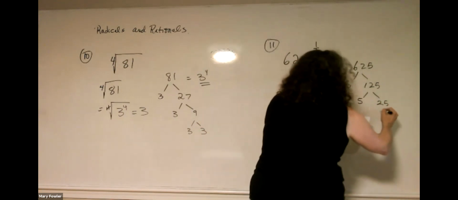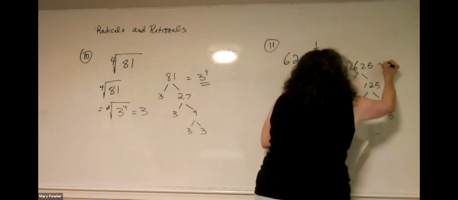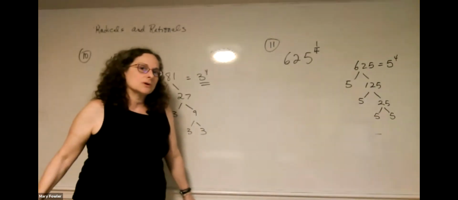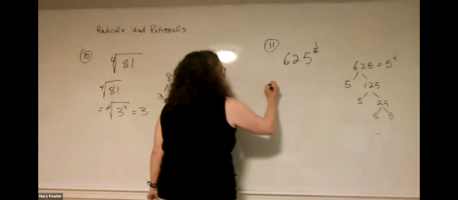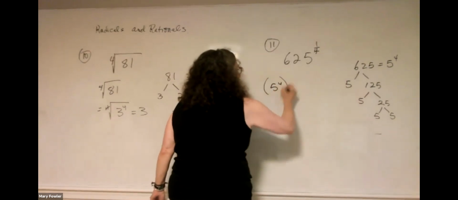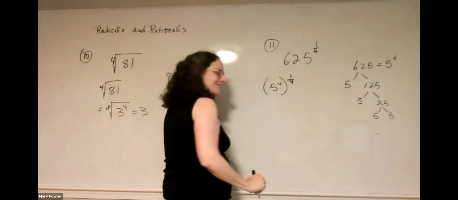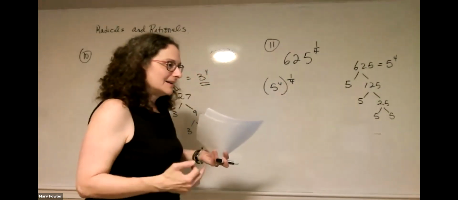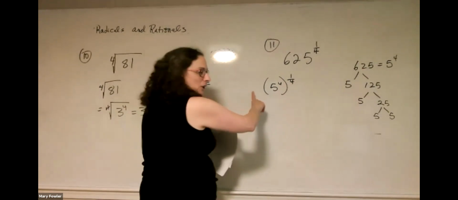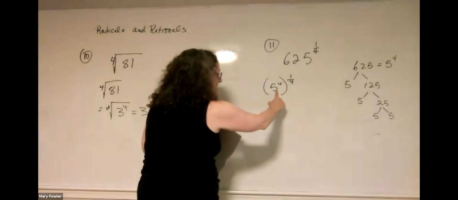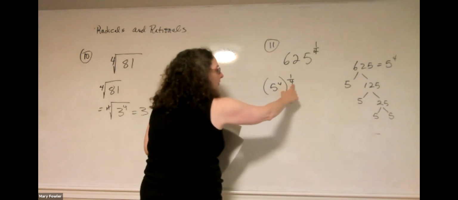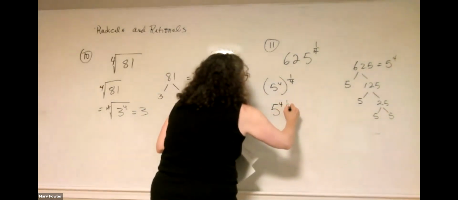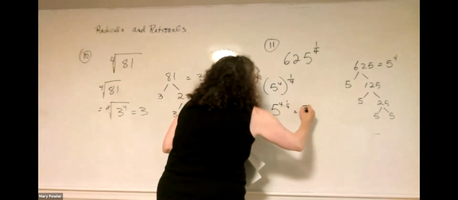So over here, using the factor tree, 625 is 5 to the 4th. So this is 5 to the 4th raised to the 1/4 power. And now we can use our power rule, which says 5 to the 4th times 1/4, which just is 5.